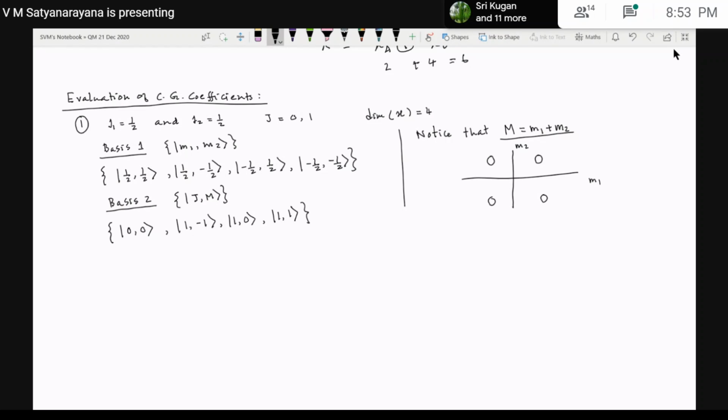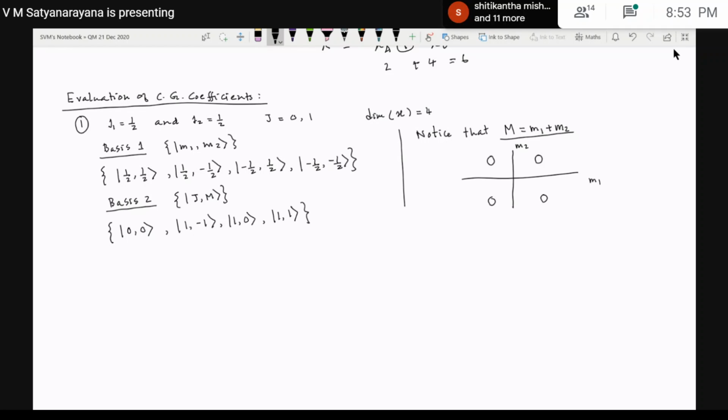Now you try to connect those points geometrically in a way that respects this constraint. Capital M equal to 1 will be satisfied only if M1 and M2 are plus half and plus half.